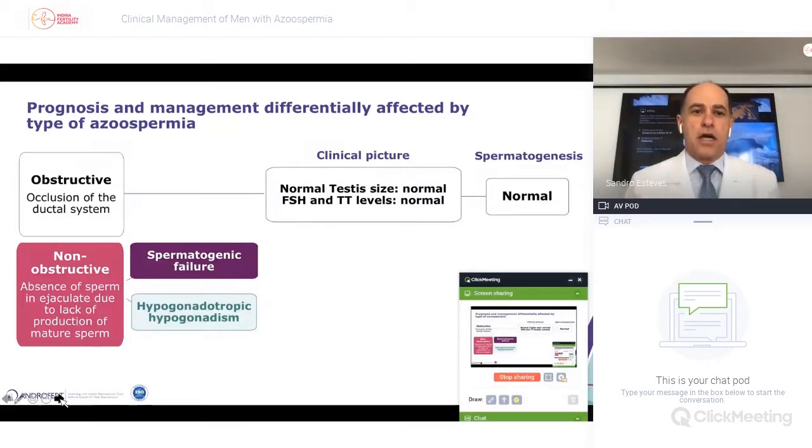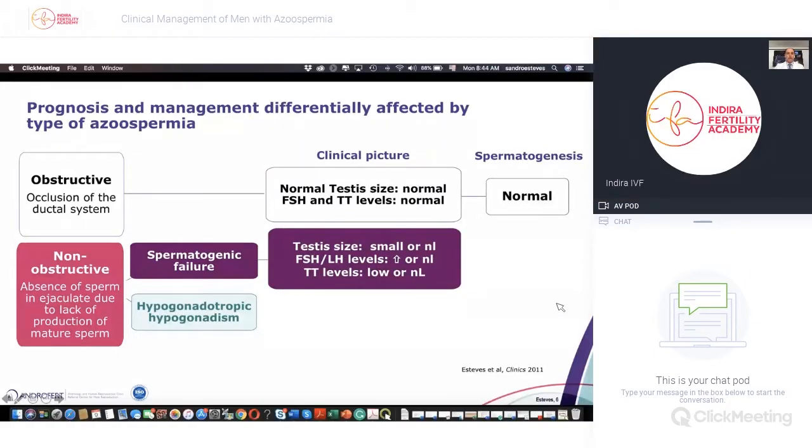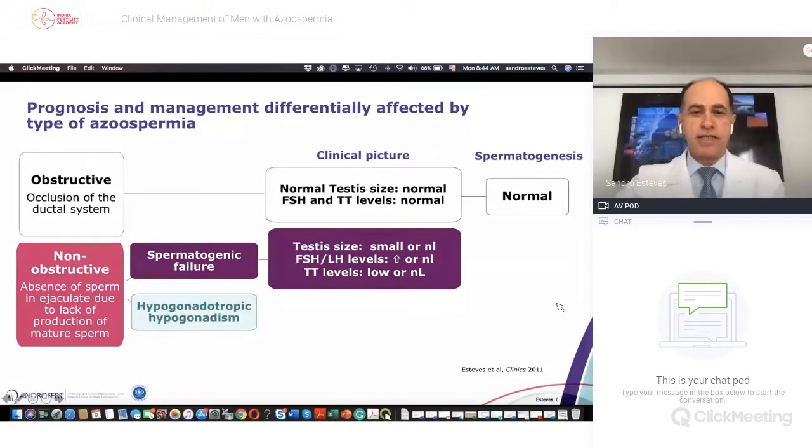On the other hand, we have non-obstructive azoospermia, which is defined by the absence of sperm in the ejaculate due to lack of production of mature sperm. Non-obstructive azoospermia has to be divided into spermatogenic failure and hypogonadotropic hypogonadism. I was discussing spermatogenic failure, one type of non-obstructive azoospermia.